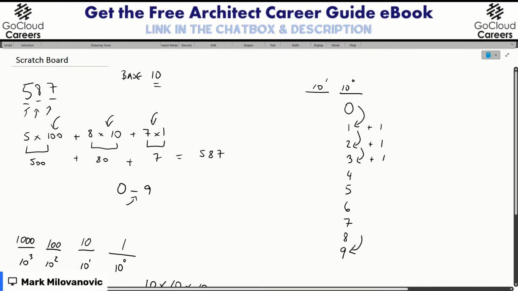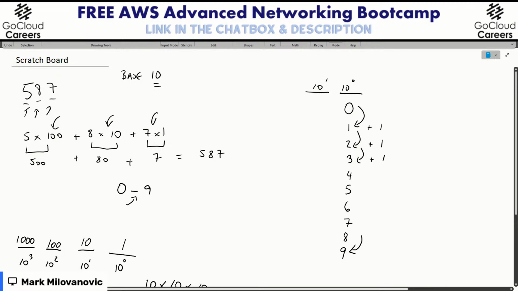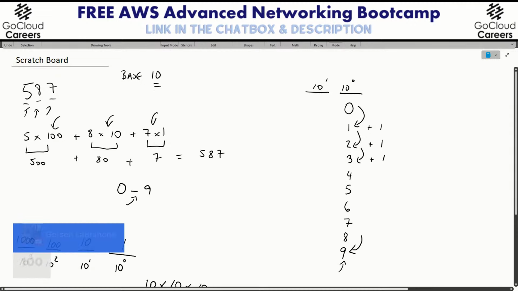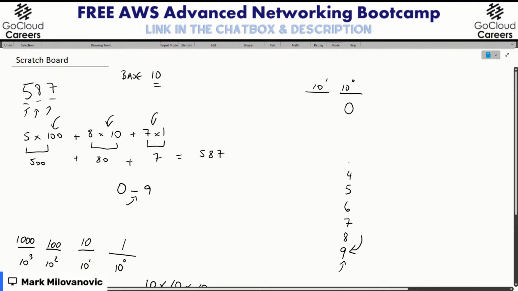And I'll give you a little hint. If you've ever seen an old school automobile odometer, you'll notice that when it gets to the maximum value, it rolls over, adding a position, and it resets the far right position. So the way that that would look for us, and we're going to delete all this, is that our ones position, or our single position, gets reset to 0, and we add the 1 to the next column.